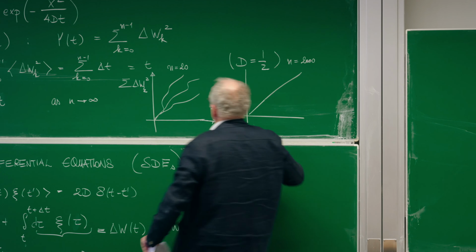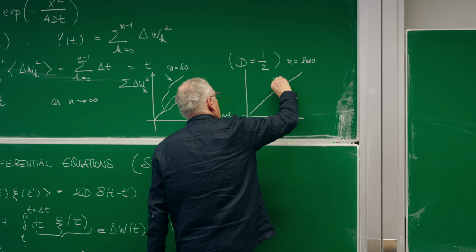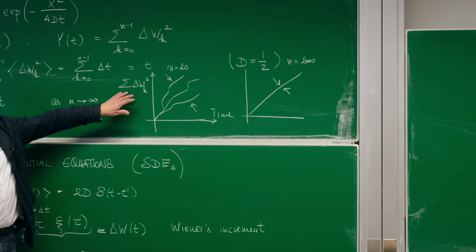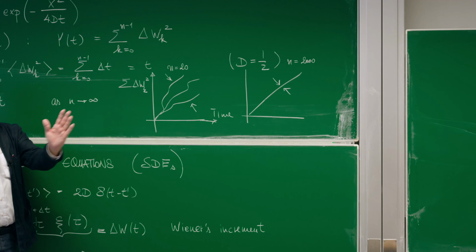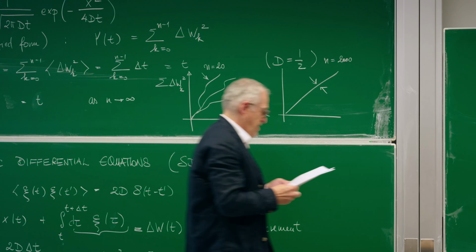It means, if you look here, that the variance you have of these trajectories for that random variable goes to 0. And that's what I'm going to show you next.